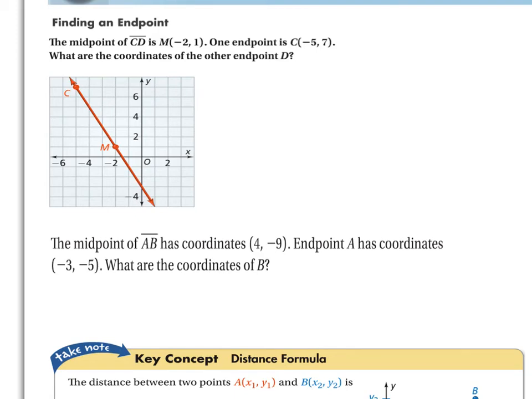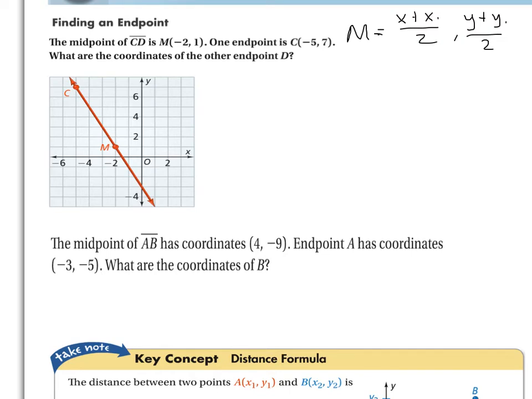Okay, again, as I look at my formula, we know the midpoint is equal to (x plus x1) over 2 and (y plus y1) over 2. That's what the midpoint equals. So now, in my equation, instead of just plugging it in and dividing, we're going to end up having to solve some equations.